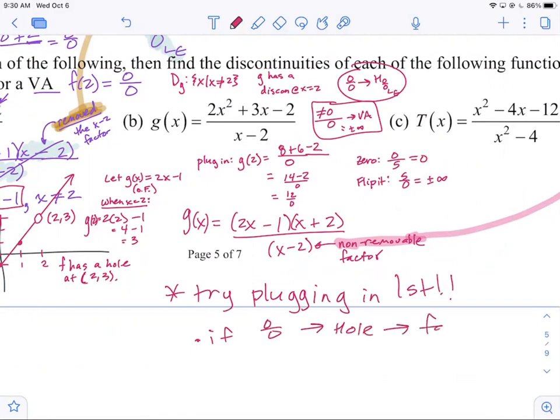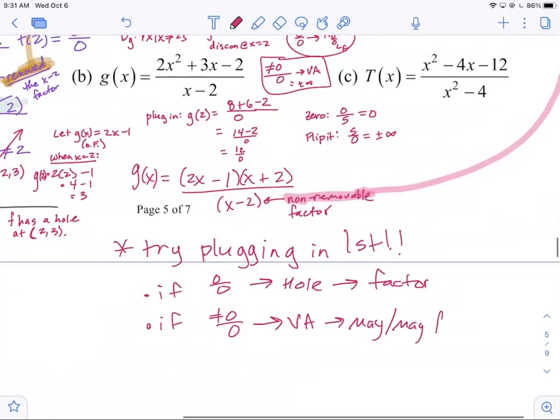Then proceed to factor, okay? But if you get non-zero over 0, it's a vertical asymptote. It may or may not factor, okay? And when I say factor, I mean factor everything. The bottom doesn't have to necessarily be factored completely or just have a single factor in it.